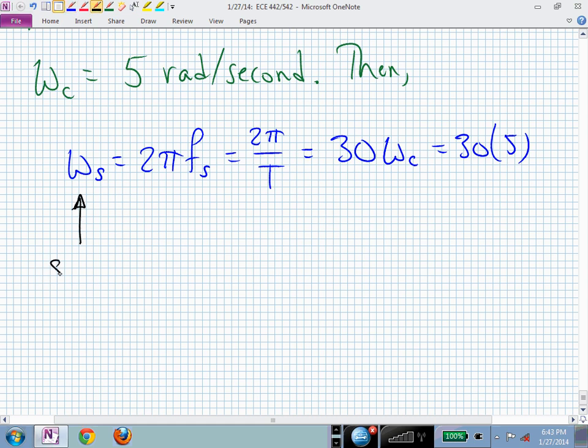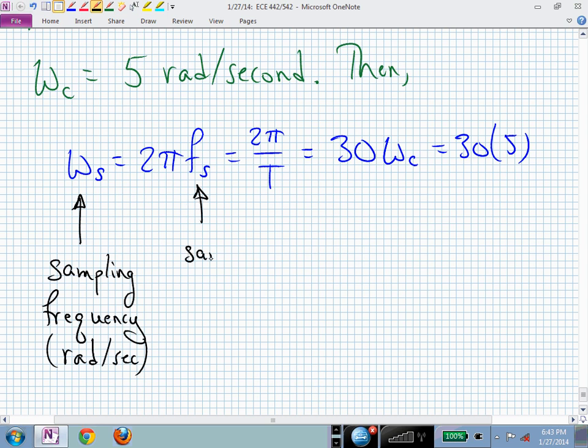So this is now our sampling frequency, in units of radians per second. This is also a sampling frequency, but its units are different. It's in hertz.